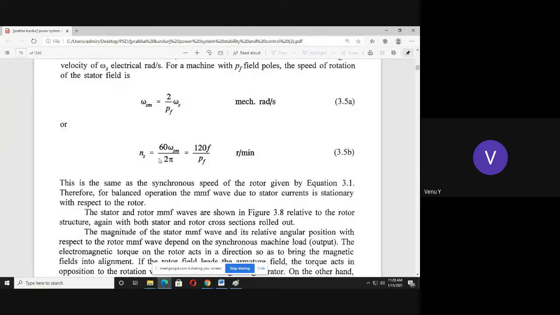And ns is the synchronous speed, given by 120f by PF, where PF is the field poles and f is the frequency. So this is in rpm, the synchronous speed of the machine.